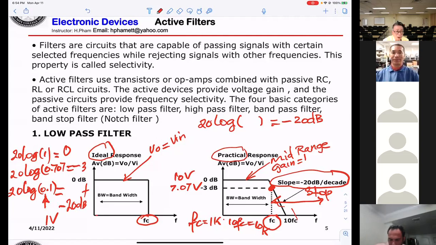The reason I know 1 volt is I use 20 log of 0.1, which comes up with minus 20 dB. Then I take 0.1 times the maximum voltage, in this case 10 volt. So that's why you get 1 volt. Later on, you have to calculate minus 40 dB or minus 60 dB.